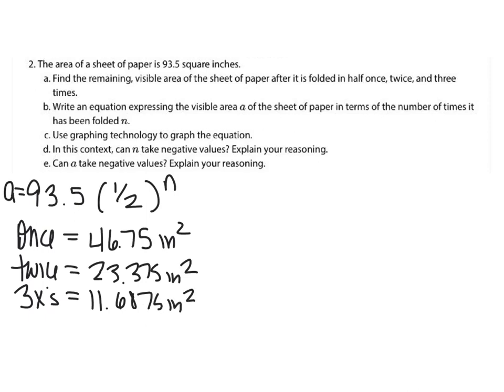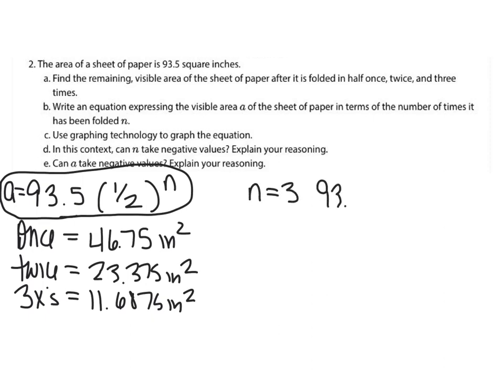So my equation, what I'm doing there is right here. Okay, I can test it by saying n equals 3. I'll type into my calculator 93.5 times 1/2 to the 3rd power, and that would give me a. Let's just test it. 1/2 raised to the 3rd power, and I get 11.6875.